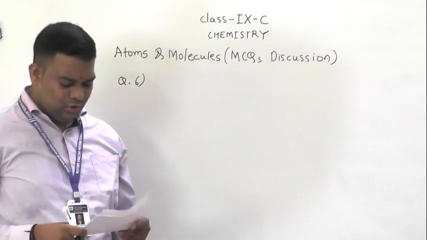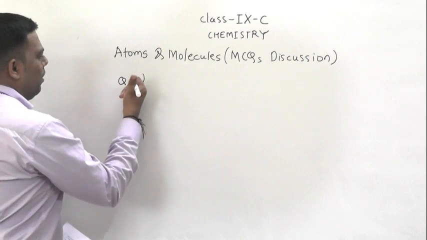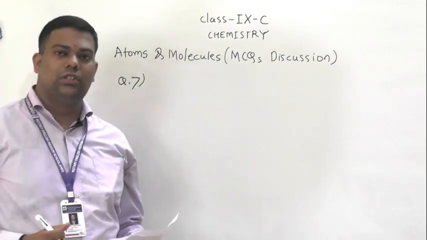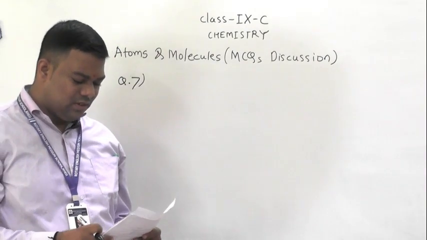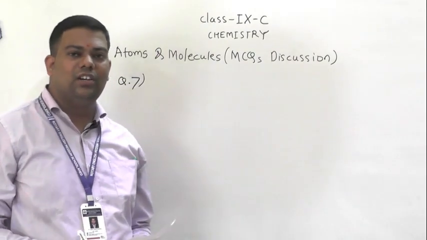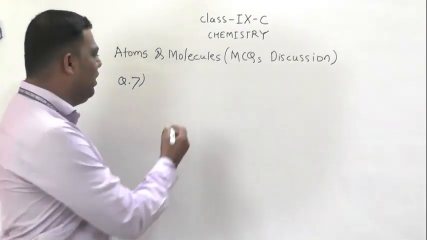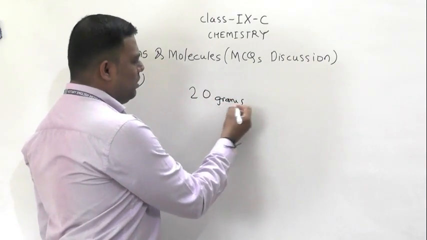Okay. So see, next question number 7 we will discuss. In question number 7, the number of moles present in 20 grams of calcium carbonate. So number of moles in 20 gram of calcium carbonate. So 20 grams, the weight of substance they gave.